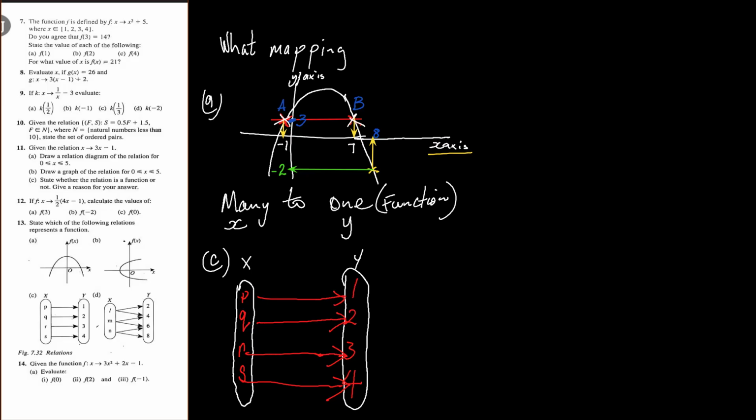You understand? So I'm asking you why you think part C is one to one? Antonio, so when the curve is upside down, no, it's not a curve. It's part C. Why is part C one to one?